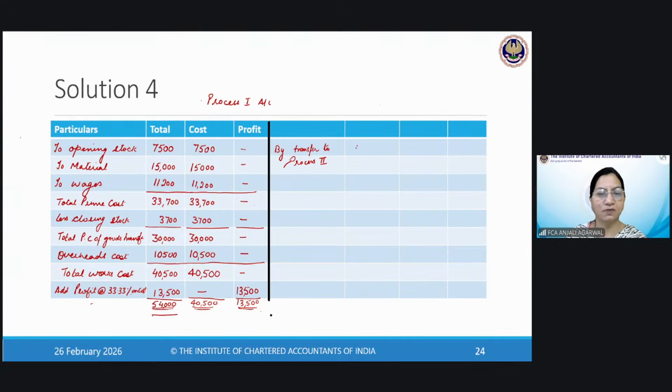By transfer to process 2, 54,000, which has a cost of 40,500 and an inter-process profit of 13,500. This will tally your process 1 account. Any questions so far?